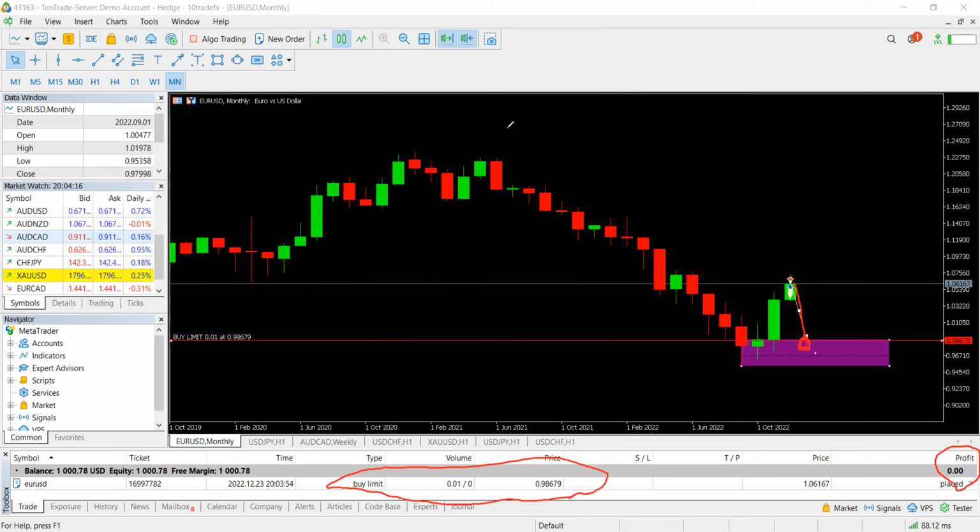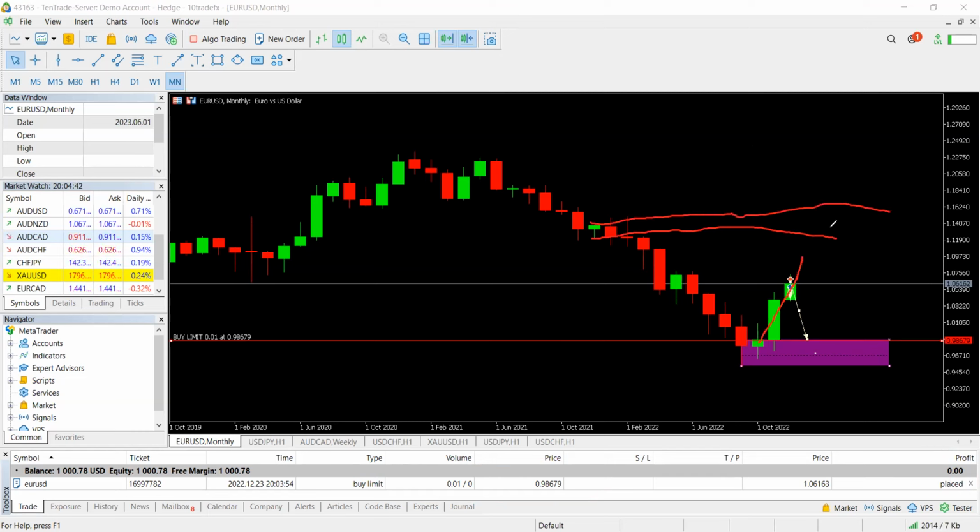All right, so let's look at another example. Let's do a sell limit example. Okay, so for a sell limit, currently price is going up, right? So let's say based on your analysis, you think that if price gets into this area, because maybe this is a structural area, price will start dropping.